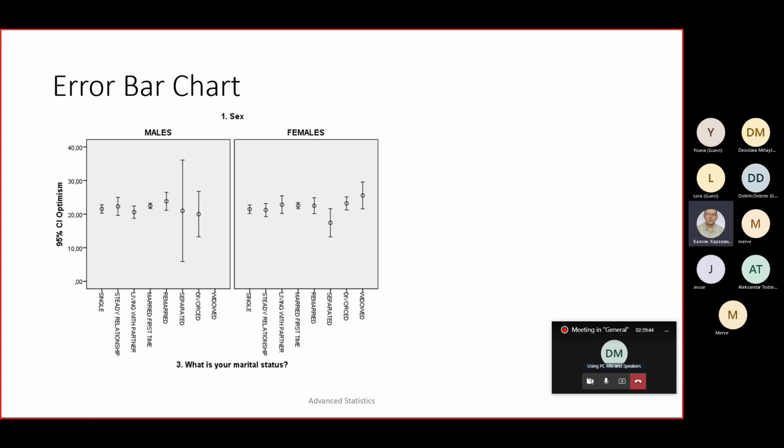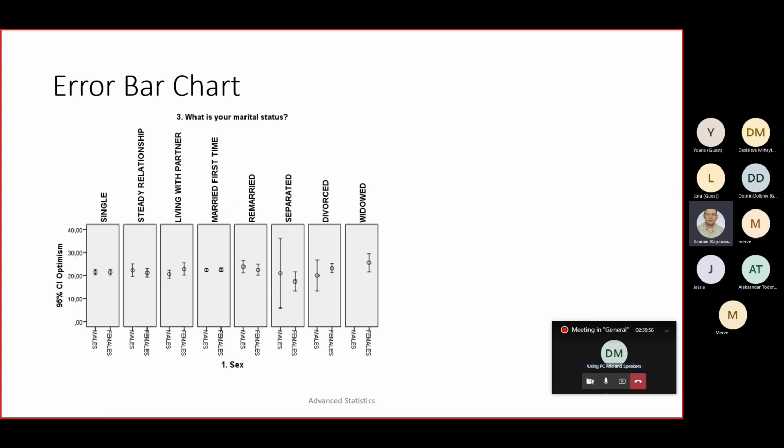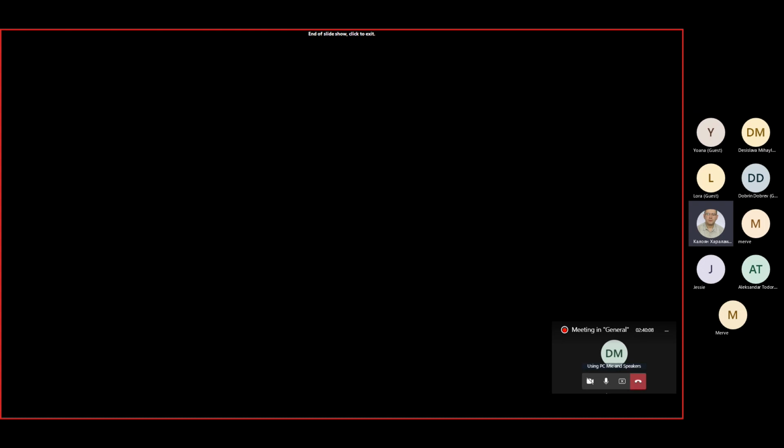If you want to present differences between marital statuses, this is the chart. If you want to present differences between males and females, this is the right chart. So I think this is all for this topic.